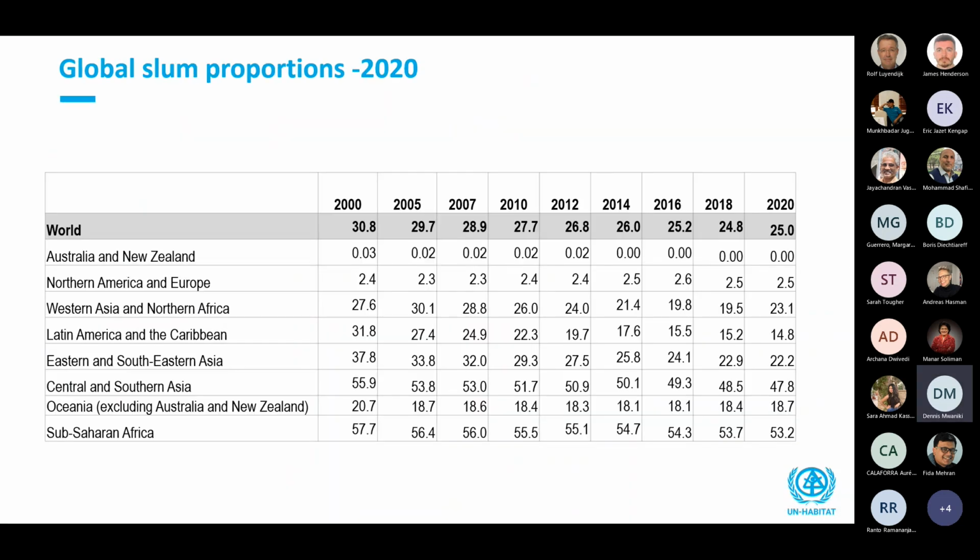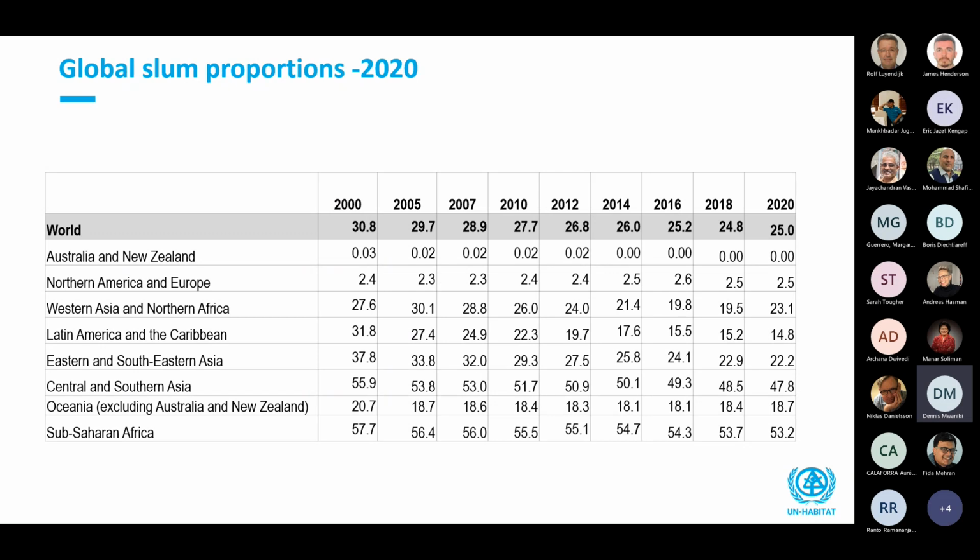So just to show some summary on where we are, as I mentioned, we've seen a consistent decline in the proportion of urban population living in slums since 2000, from 30.8% to about 25%.